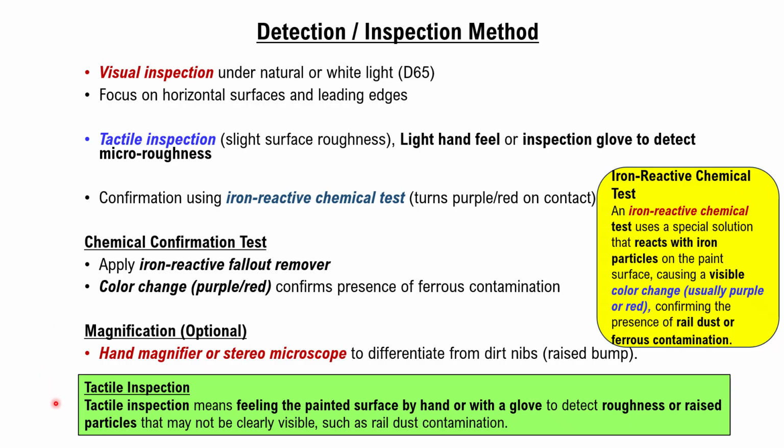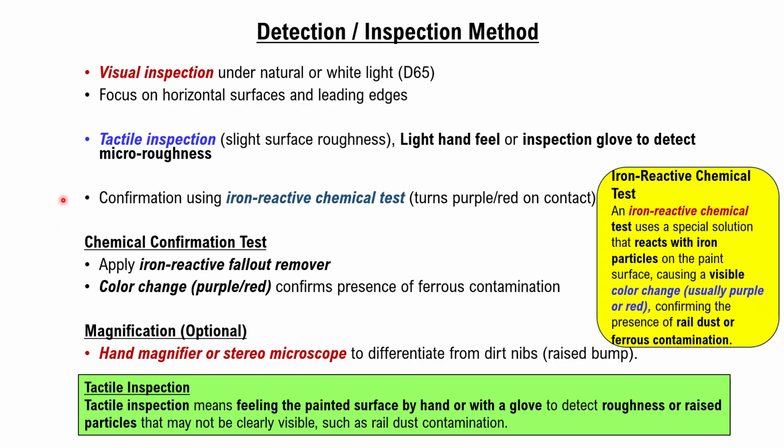In detail, tactile inspection means feeling the painted surface by hand or with a glove to detect roughness or raised particles that may not be clearly visible, such as rail dust contamination.